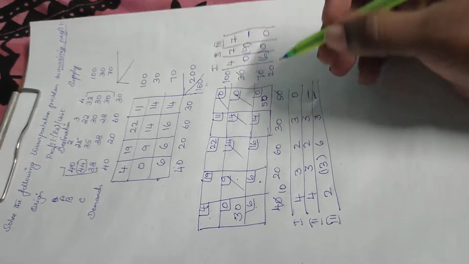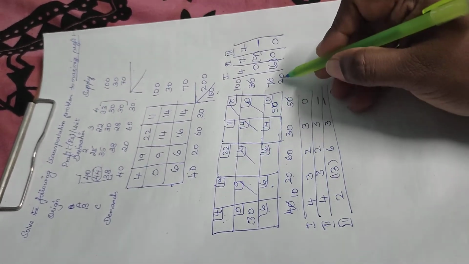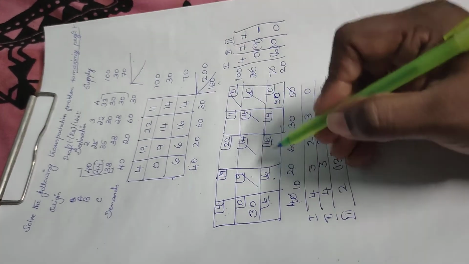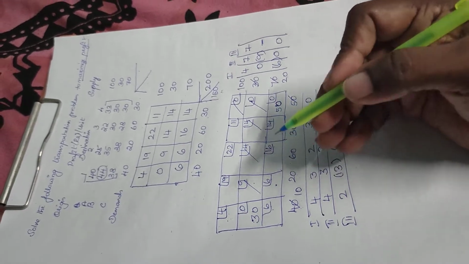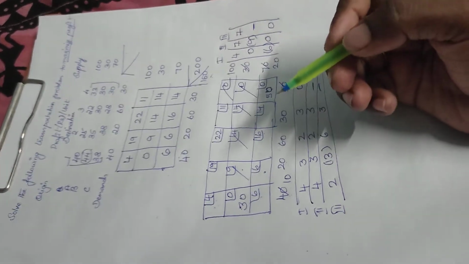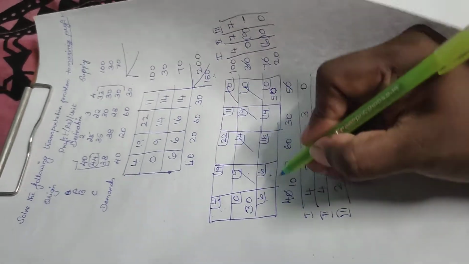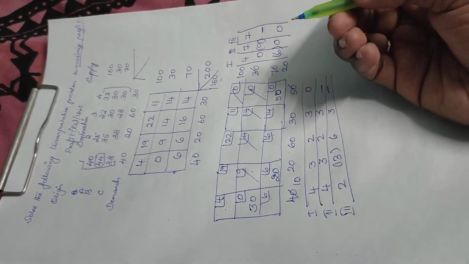Now we have a problem. We have the same value 20 here and we have the same value 20 here also. So if you allocate only 1, there is going to be a degeneracy problem and you cannot apply the MODI method. So I avoid the problem by allocating, any 120 that I want.